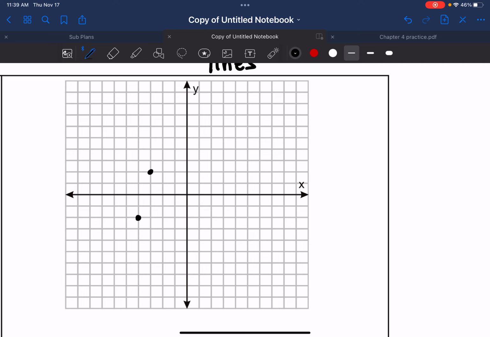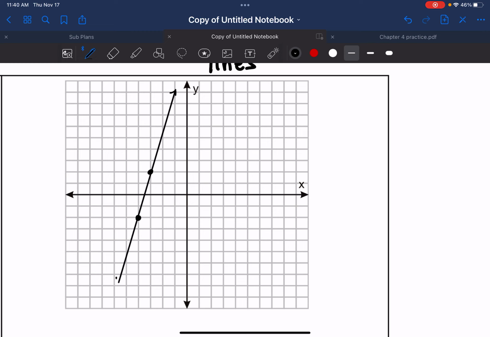Now grab a ruler. I want these to look nice. The rulers are in a basket under that TV up there. And go ahead and make a nice long extension of the line that goes through those 2 points. I messed up a little bit. Oof. Okay, let's try that again. Okay, that's better. So I'm going to draw that line that goes through those 2 points.